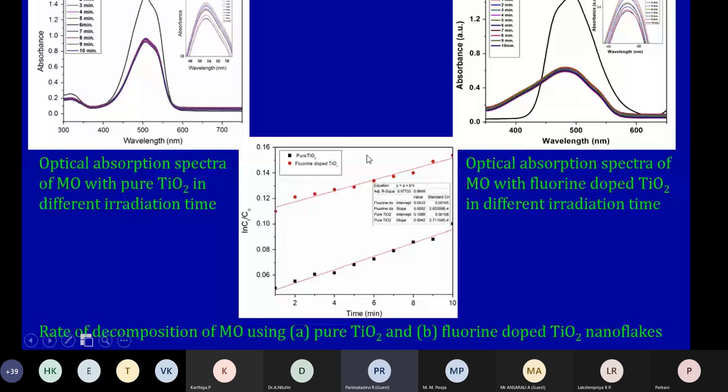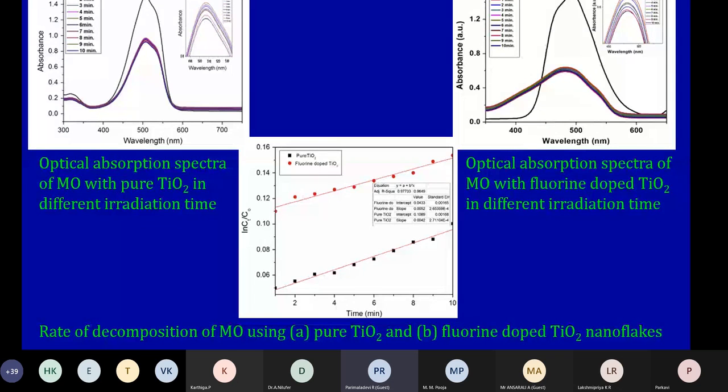Normally, the rate of decomposition is higher for fluorine-doped TiO2 than for TiO2. So this synthesized product starts to degrade our dye.